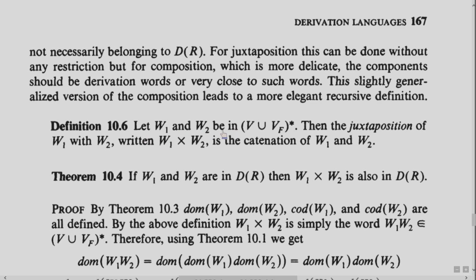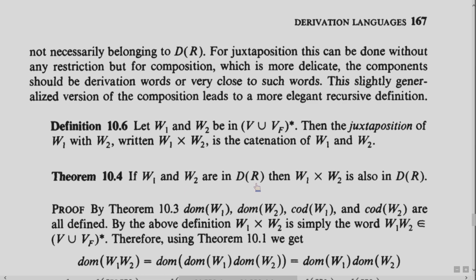First definition: let W1 and W2 be derivation words. Hope you clearly understand these derivation words. Let W1 and W2 be in (V union VF) star. Then the juxtaposition of W1 with W2, written W1 cross W2, is just the concatenation of these two words.